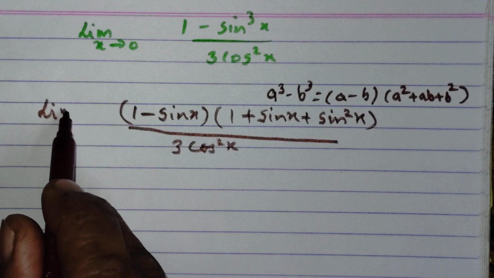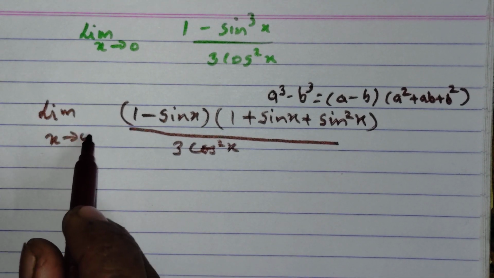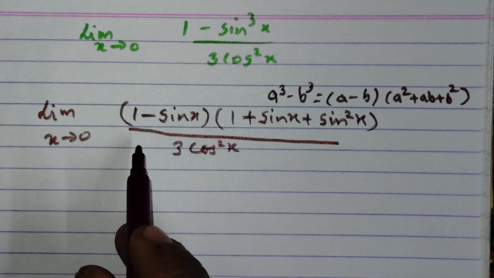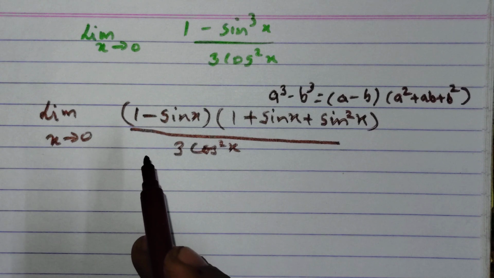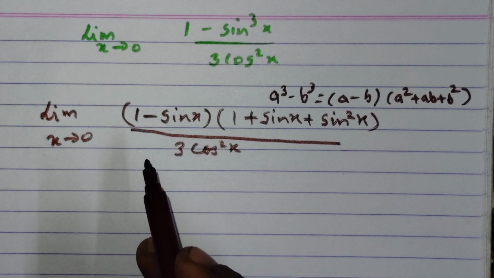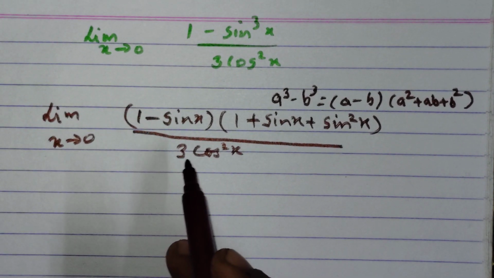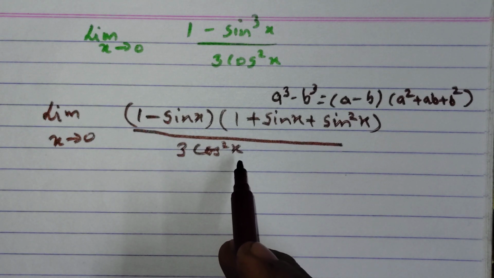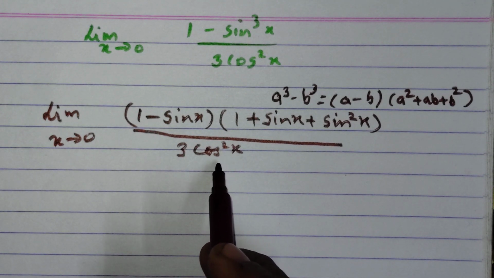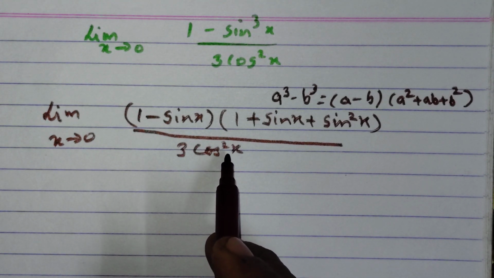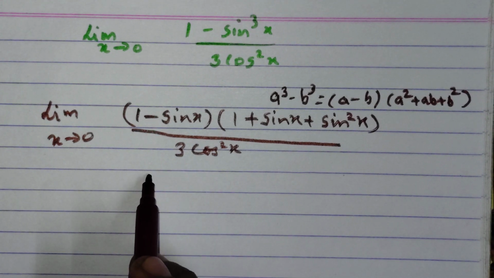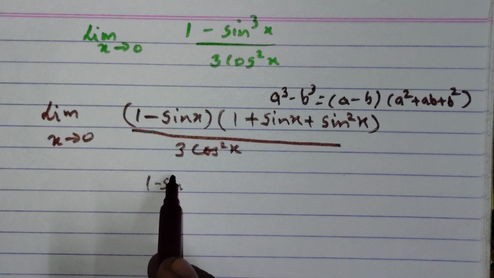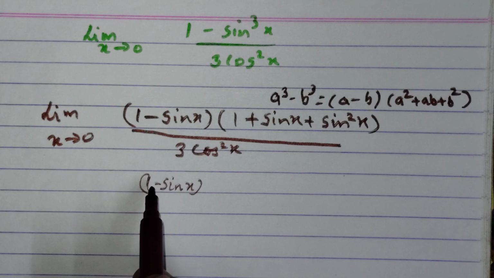Outside there is limit x tends to 0, and we see the cos square x in the denominator. This is also written as 1 minus sin square x, and further it splits into the a square minus b square identity. So the numerator is written as it is.